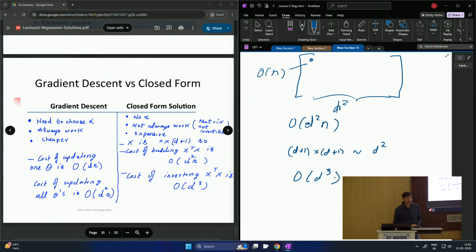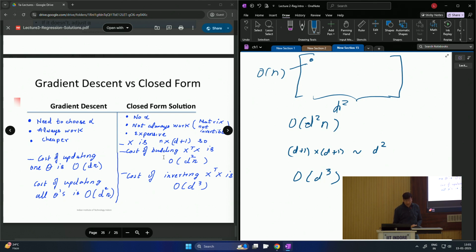How would you find that? How do you find an inverse? You either apply Gaussian elimination, or you do LU factorization, or you find the cofactors and divide by the determinant and so on and so forth. So this you can go back and see in your linear algebra. It's standard. The complexity of inverting an n-dimensional matrix is n cube. So the complexity for this task is n cube.